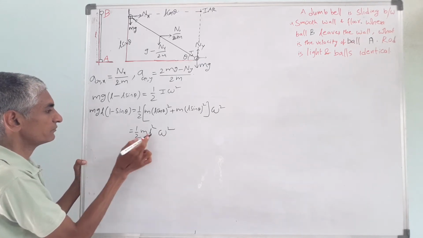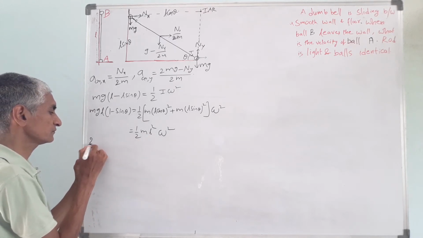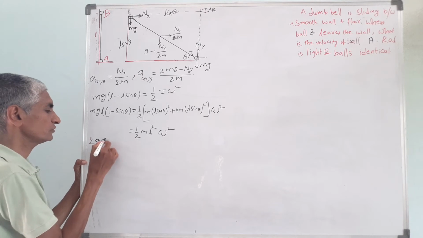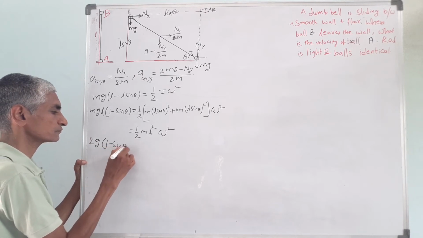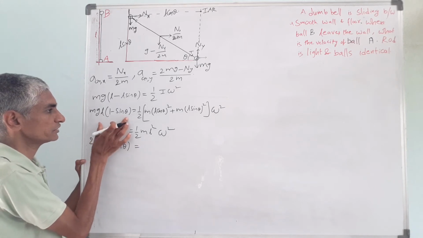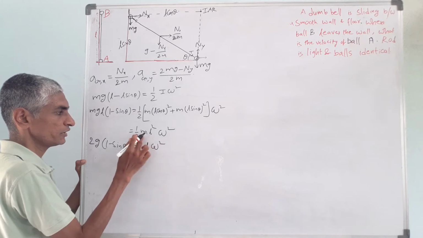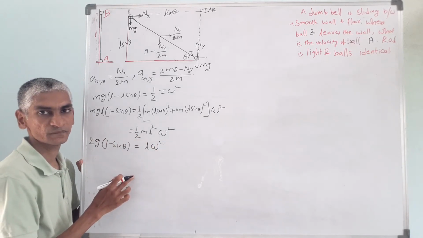By cancelling m and L and taking 2 to this side, what do you get? 2g into 1 minus sin theta equal to L omega square.